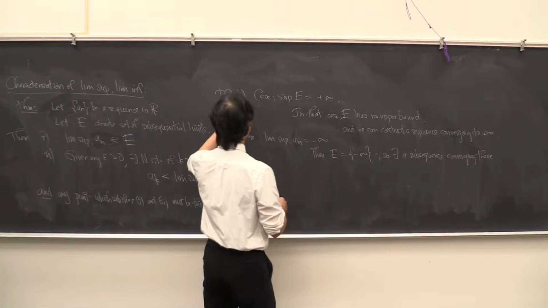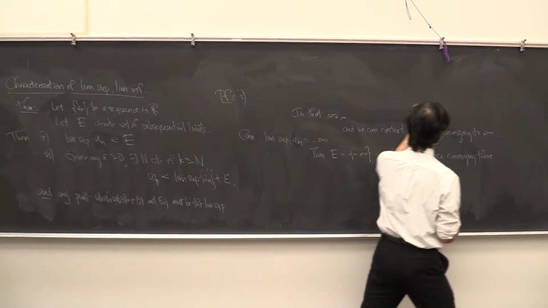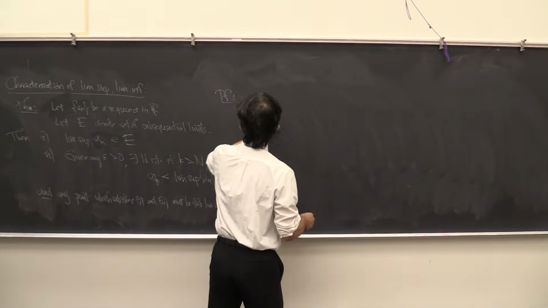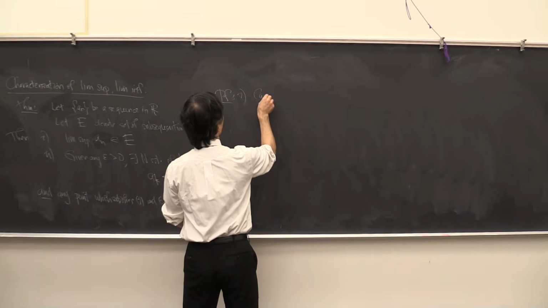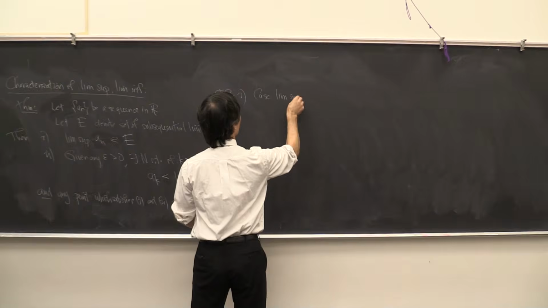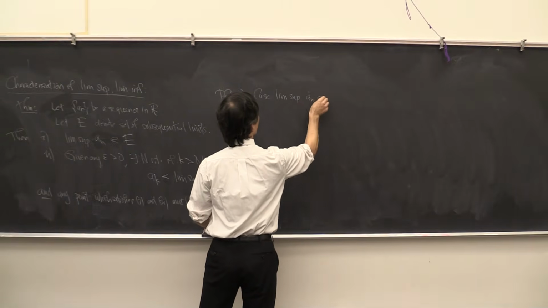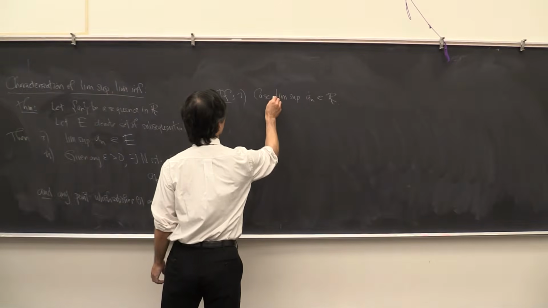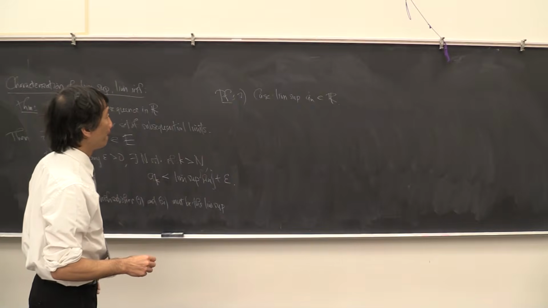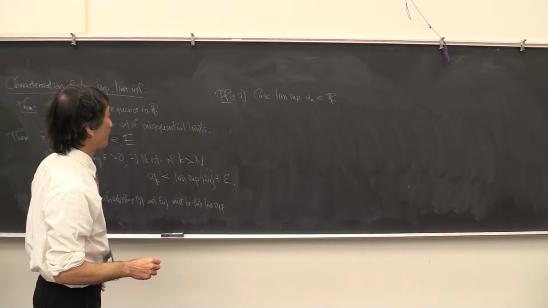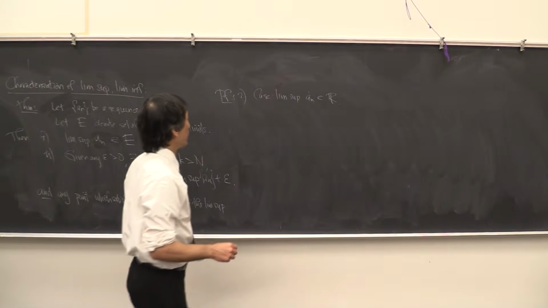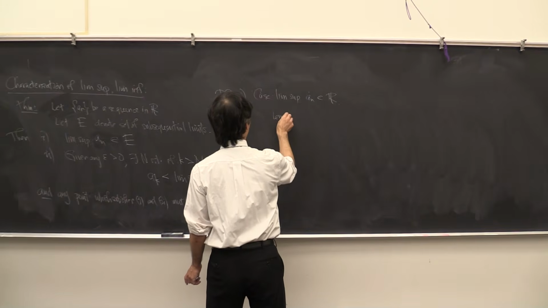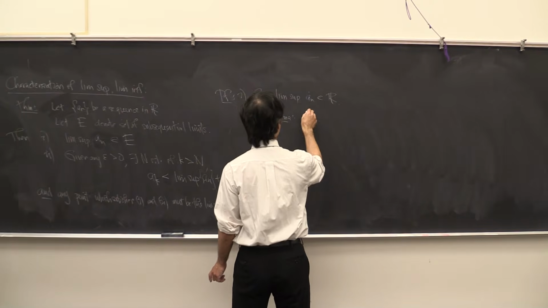Okay. Now let's go to the last case, where the lim sup is in R. And so we're going to use the following lemma that says that E is closed.